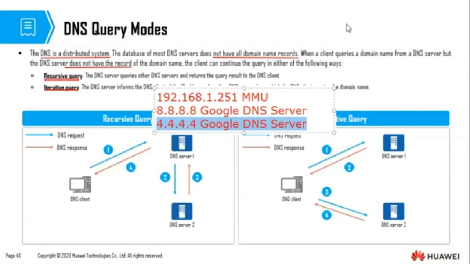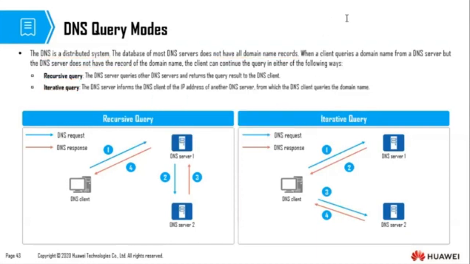So you can check in one of two ways. The first way you can check is what we call recursive query. In recursive query, the client, which is your machine, will send a DNS query to the DNS server. Hey, what is the IP address of Huawei.com? Now, unfortunately, the MMU DNS server does not have the IP address of Huawei.com.